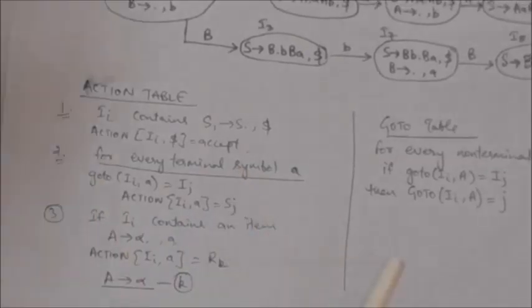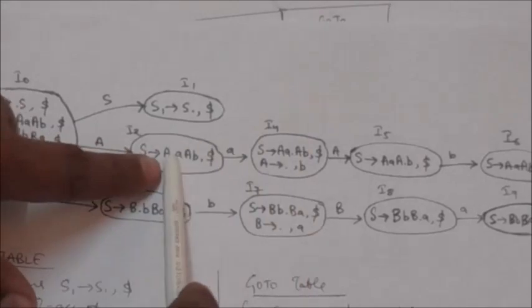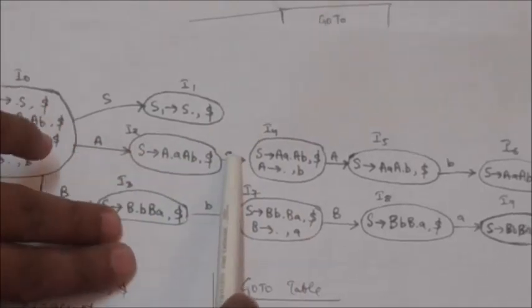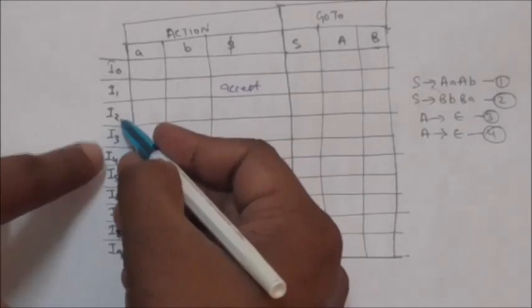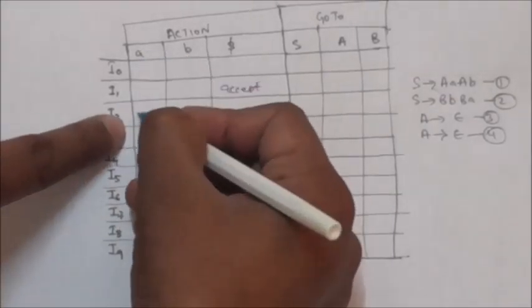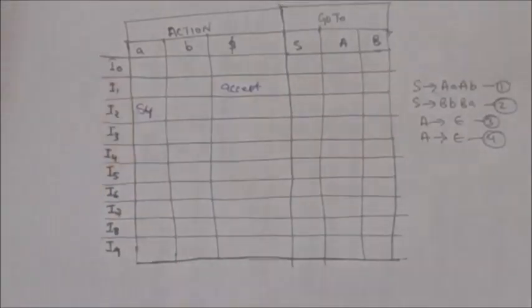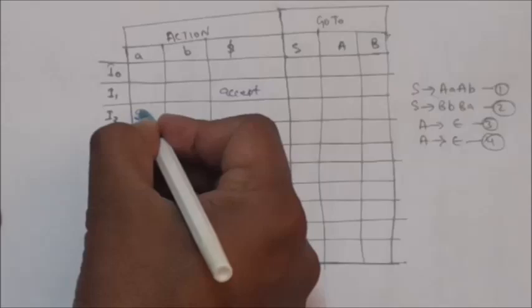Now see in this DFA, if the DFA is in state I2 and it reads this terminal symbol A, then it jumps to state I4. So in the action table at row labeled by I2 and column labeled by terminal symbol A, we will write S4. It means shift and jump to state I4.